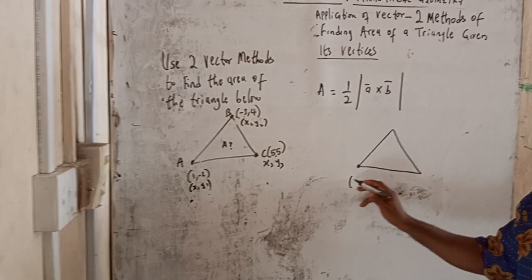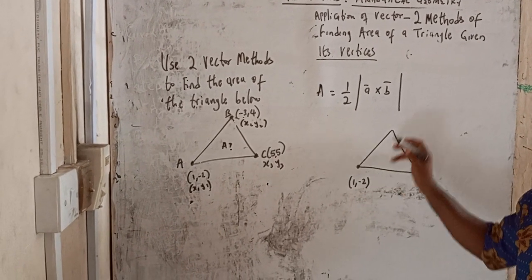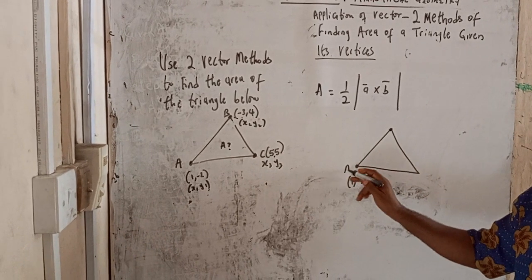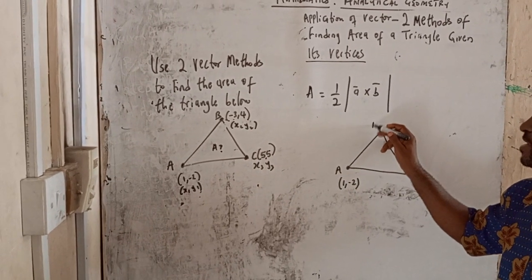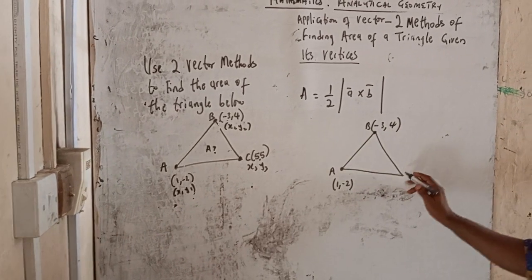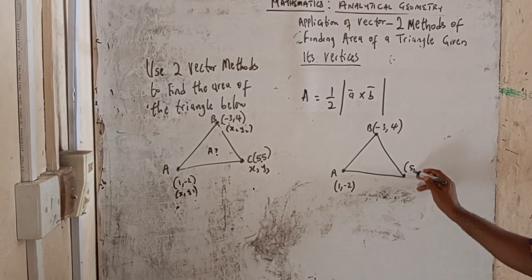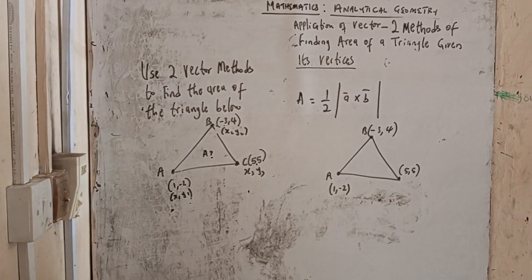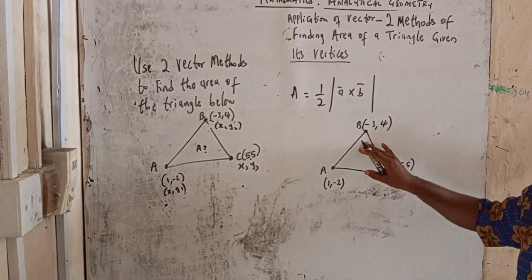Let me rewrite the triangle back again. I have 1, minus 2 for point A. For point B, I have minus 3, 4. For point C, I have 5 and 5. So what you do, first and foremost, is this.